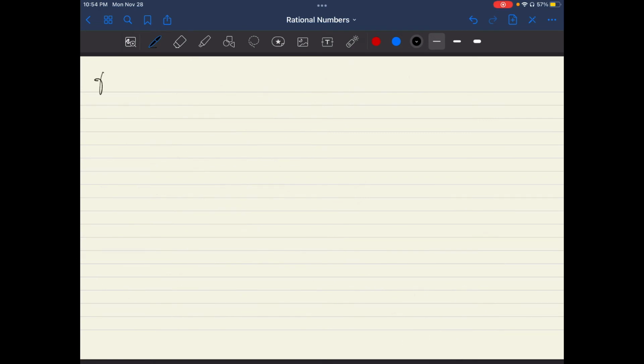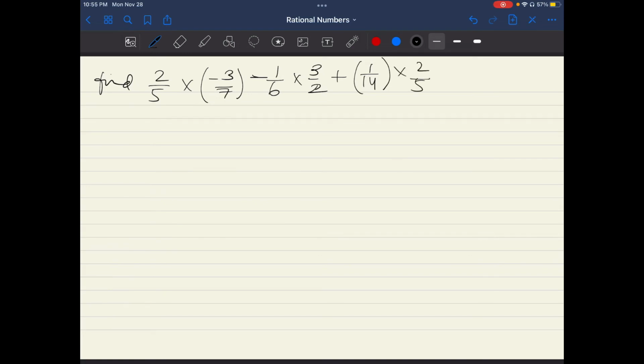Now let's look at another example. Let's find the value of 2 over 5 times minus 3 over 7 minus 1 over 6 times 3 over 2 plus 1 over 14 times 2 over 5.